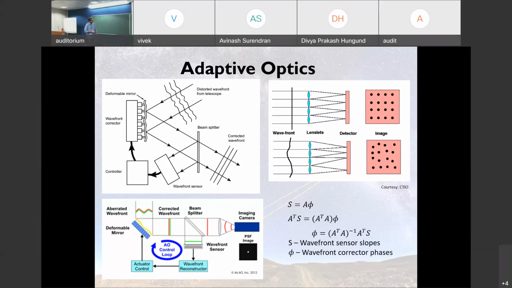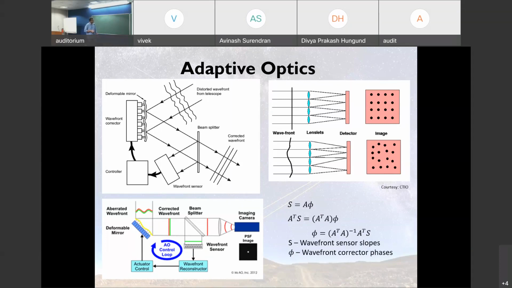So S is an array of slopes, and phi is the array of voltages that you give the actuators. And you have a many-to-many n by n matrix. If you have n lenslets and n actuators, you have a matrix called the interaction matrix, which is an n by n matrix, used to transform from the wavefront sensor to the wavefront corrector.